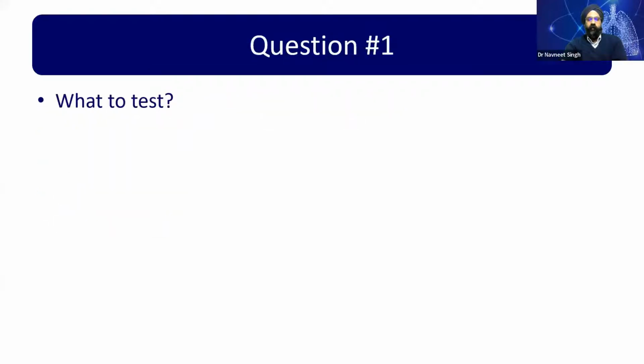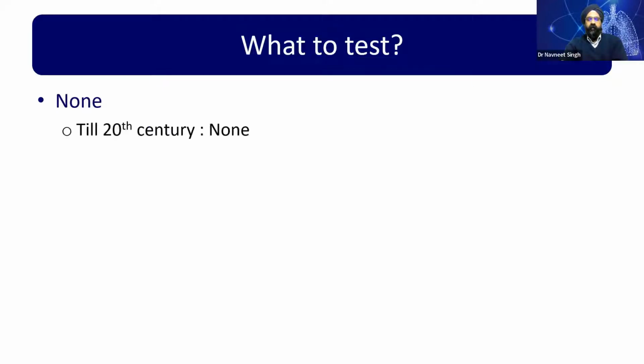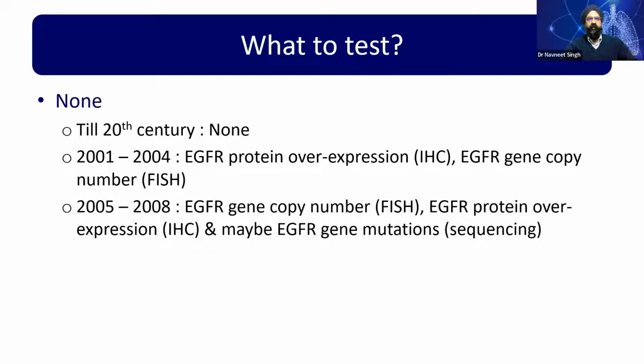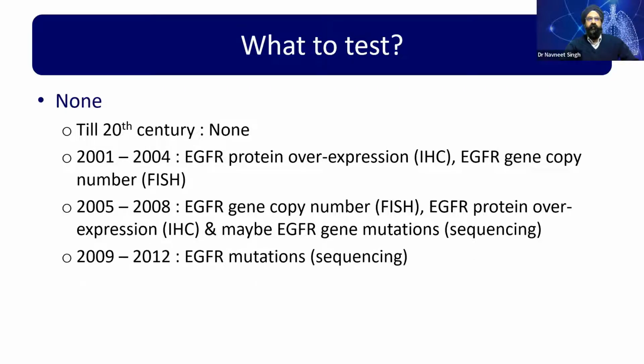Coming first to what to test. Earlier the answer used to be simple, 2 decades back, nothing. Between 2001 to 2004, it was about EGFR protein overexpression by immunochemistry, and then came EGFR gene copy number by FISH. Then in the next 4 years or so, EGFR gene mutations came in, and the method was sequencing.